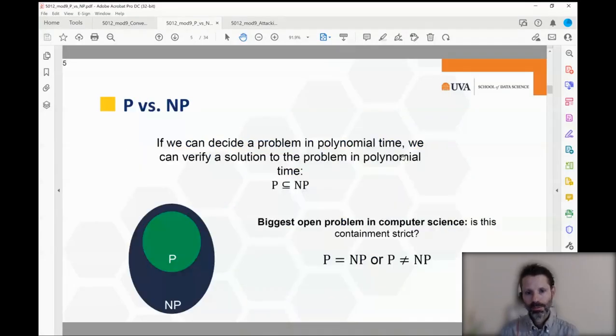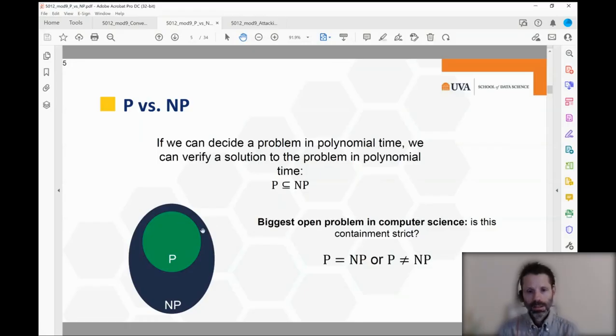One of the biggest open problems in computer science is this P versus NP problem. We know that there is a subset relationship between P and NP, as you can see here with this diagram. That is, all of the algorithms that can be solved in P time clearly have a polynomial time verifier.